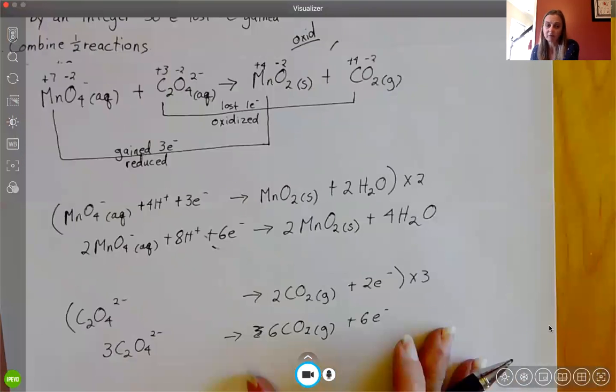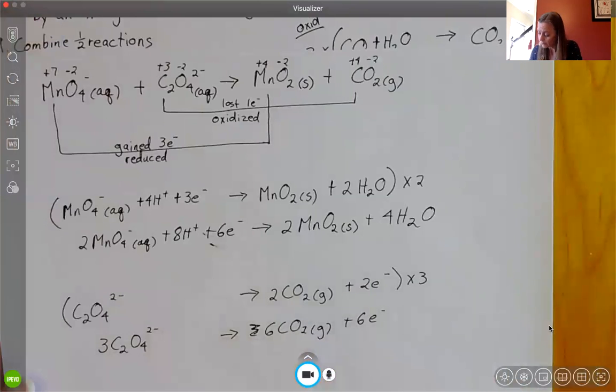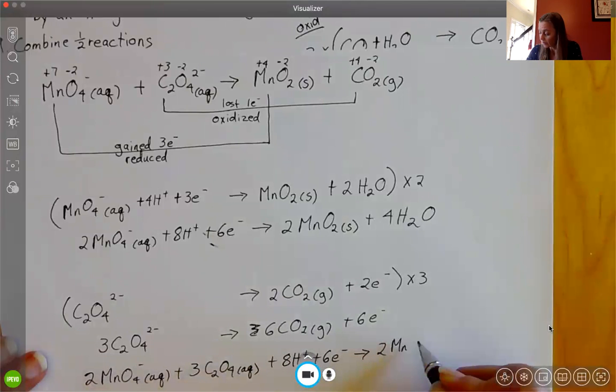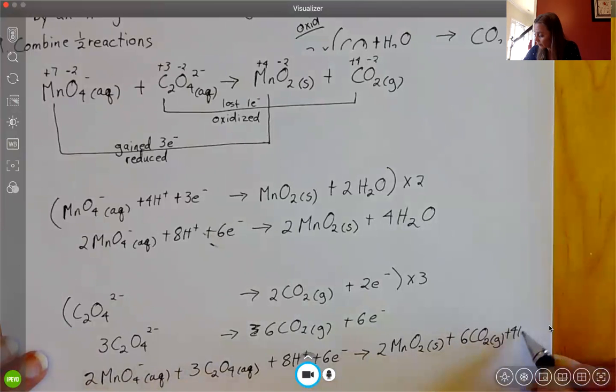We're going to combine those half reactions so that we have 2 permanganate ions in solution plus 3 oxalate ions in solution plus 8 hydrogen ions plus 6 electrons yield 2 manganese 4 oxide formula units plus 6 carbon dioxide molecules plus 4 waters plus 6 electrons.